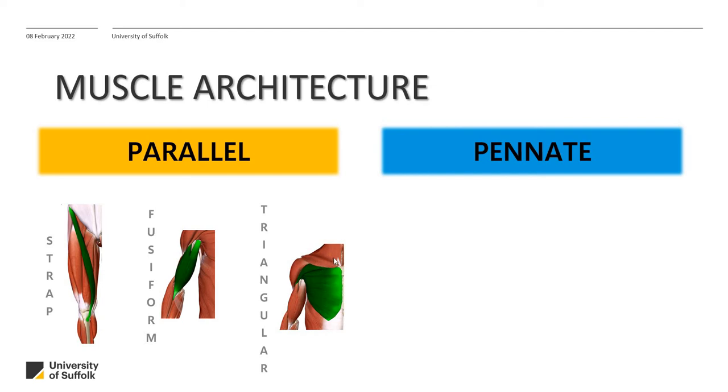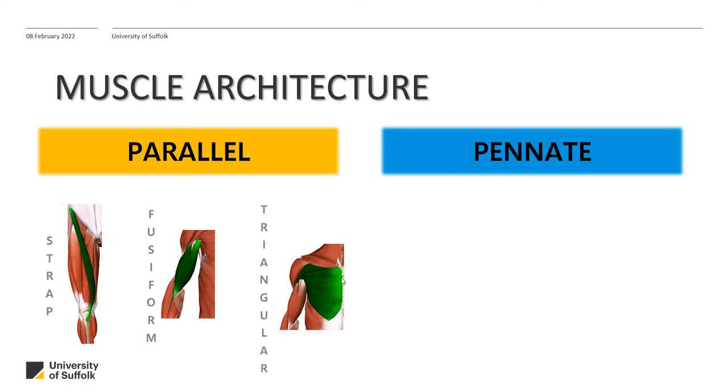The sternocostal head, and here, which originates from the sternum, and the clavicular head, the upper pectoralis, which originates from the clavicle, and they both come together and merge with a common tendon on the humerus.